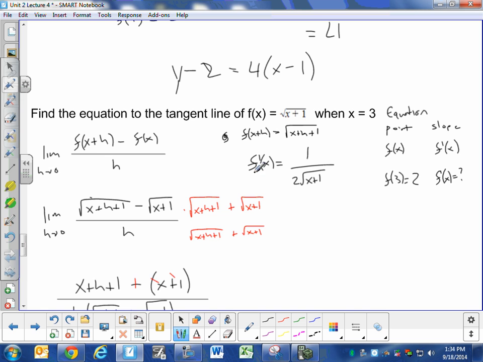Well, I will use this slope generator to get my slope that I was looking for. I found this, so this goes into an exclamation point. I plug in 3. So f prime of 3 would be 1 over 2 root 4. That'd be 1/4.